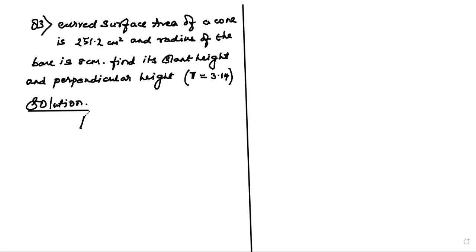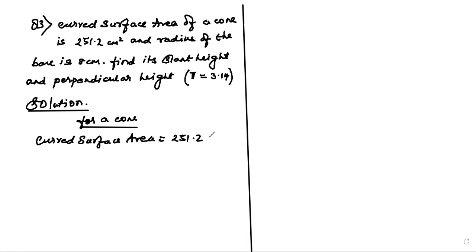First step, I write for a cone, curved surface area of the cone is given by the formula, children. How much? 251.2 centimeters square. And the radius of the base r, how much? 8 centimeters. Find its slant height and perpendicular height.